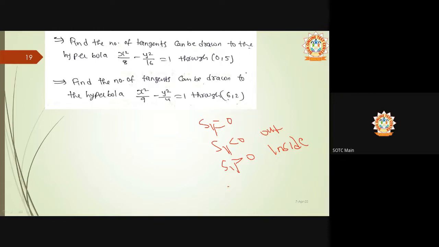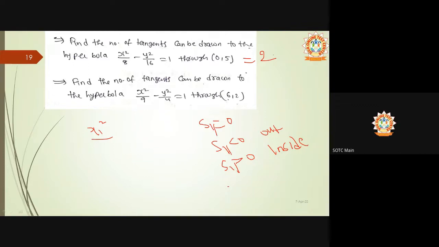Ellipse and hyperbola are the same. Substitute 0 comma 5 for x and y, sir. Yes, that is the S11. Less than 0. Yes, very good. S11 is less than 0. So outside the curve, how many tangents can be drawn? 2.